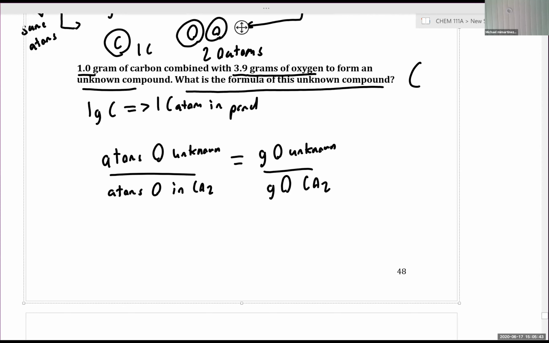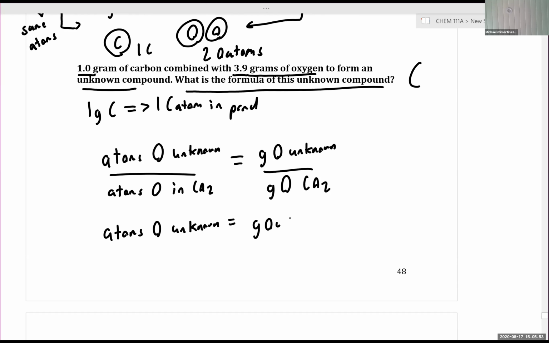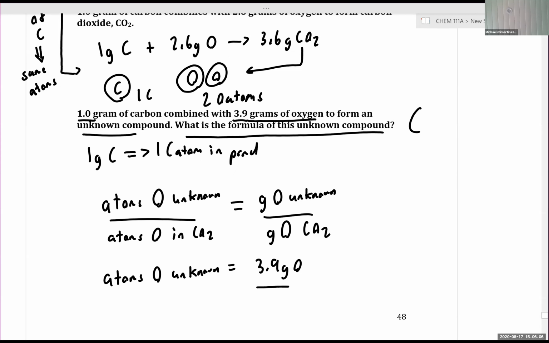So solving this equation, the atoms of oxygen in our unknown are equal to the grams of oxygen in our unknown, which is 3.9 grams of oxygen over the grams of oxygen in carbon dioxide, which is 2.6, times 2 oxygen atoms in carbon dioxide.